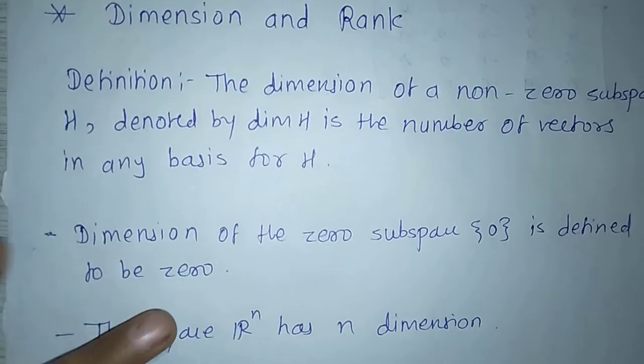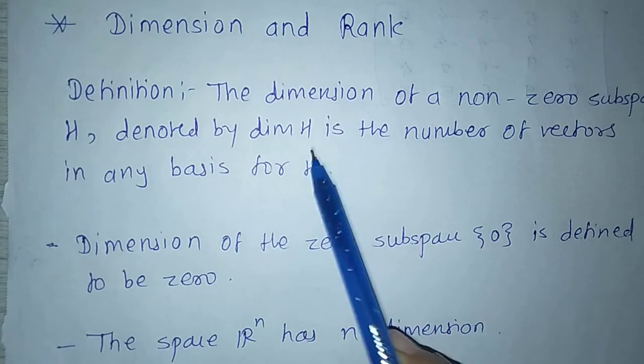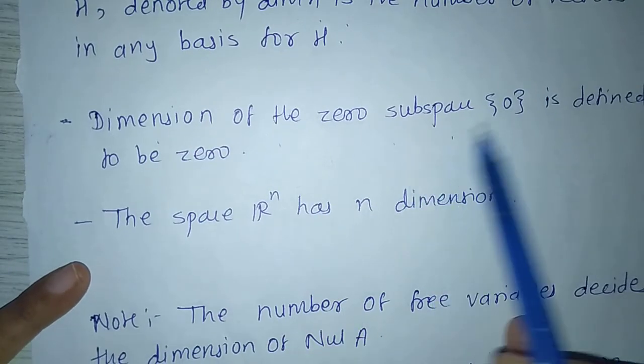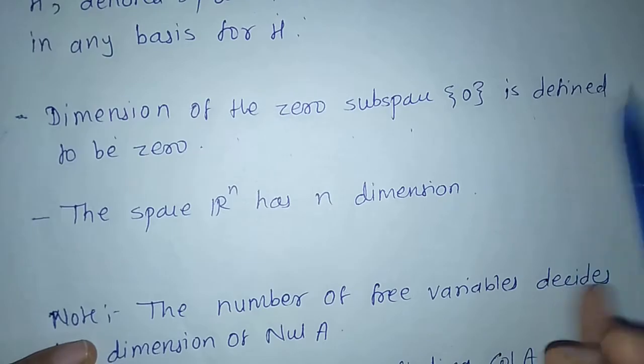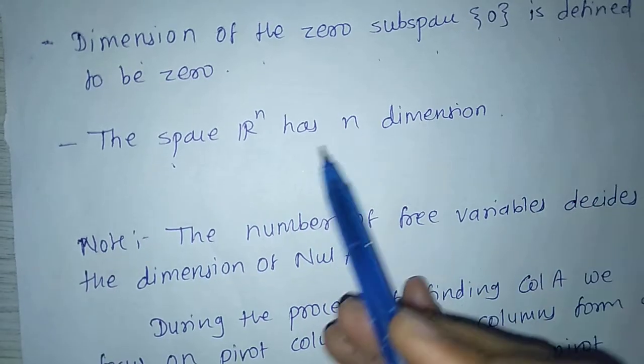Next definition: the dimension of a non-zero subspace H, denoted by dim H, is the number of vectors in any basis for H. The dimension of the zero subspace, the singleton 0, is defined to be 0. The space Rn has dimension n.